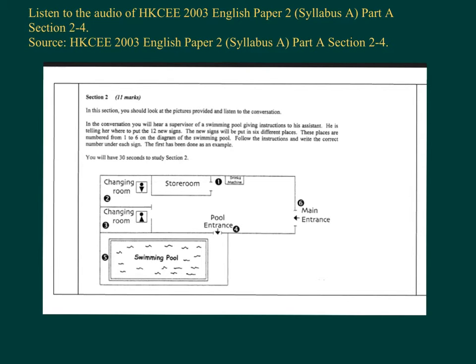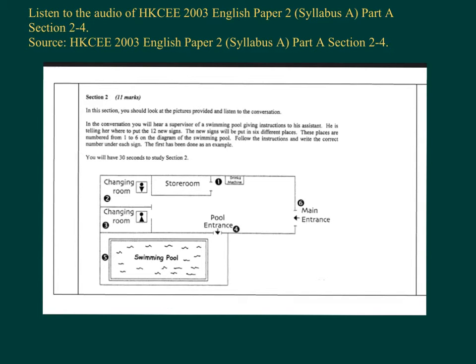Okay. Oh, you can stick the one that means no shoes next to the pool entrance as well. Okay. The no shoes one next to the pool entrance. What about this one? No smoking. Should I put it next to the pool entrance too? Yeah, but there should be 2 no smoking signs. Oh, yes. You're right. So, 1 next to the pool entrance and 1 at the main entrance.